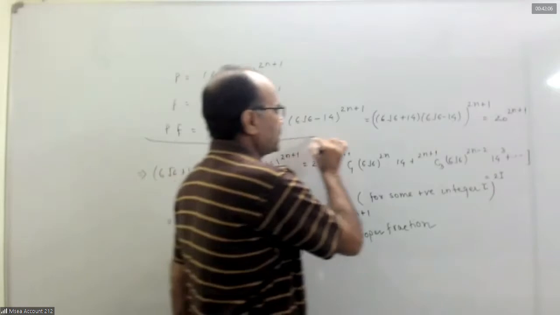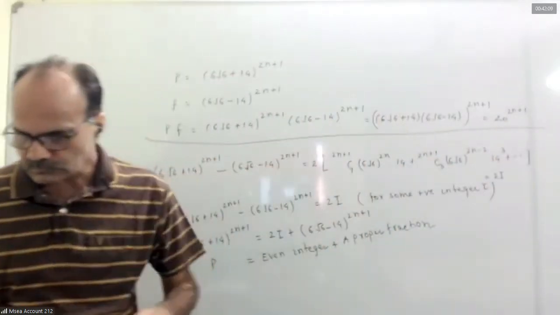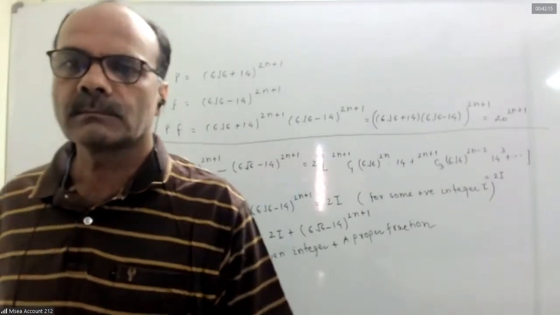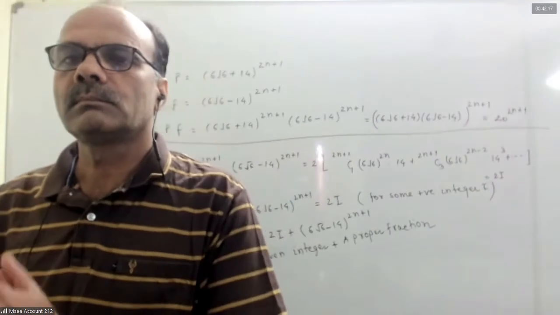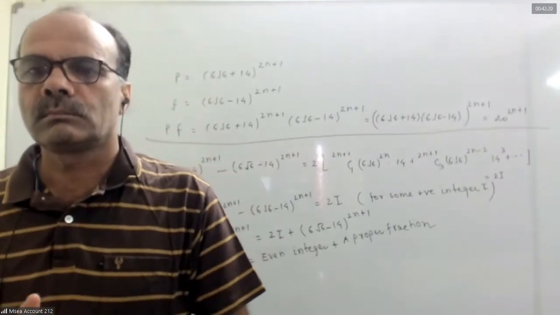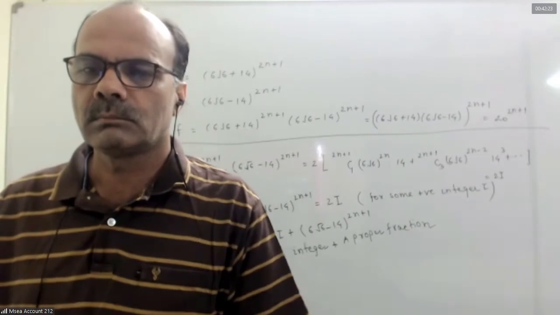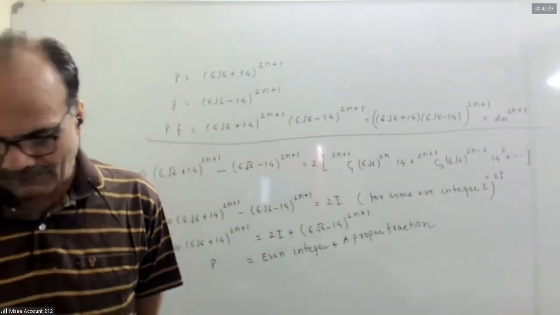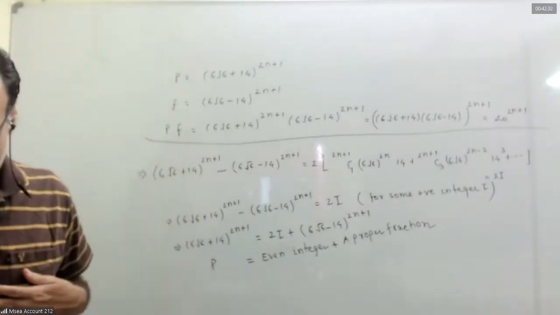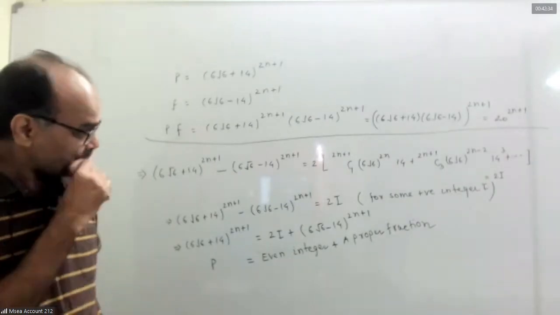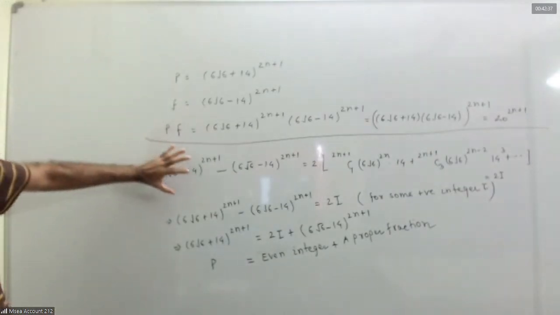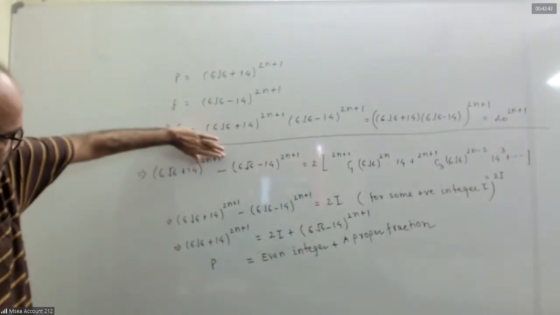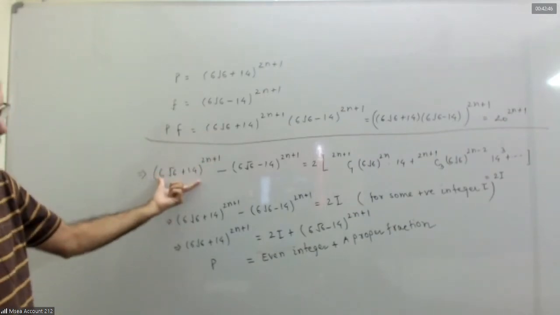So once again, in short, I repeat. First, whichever number is given, by taking the opposite sign here, minus, prove that without power this number is in between 0 to 1.